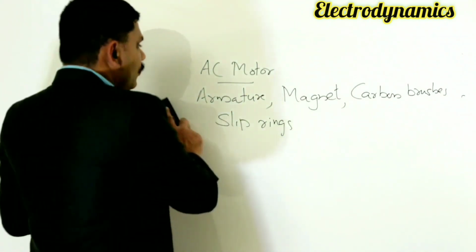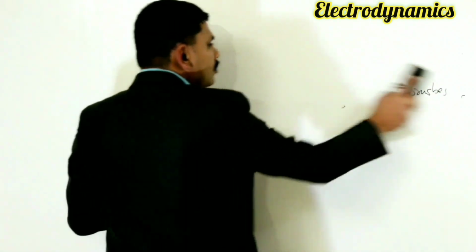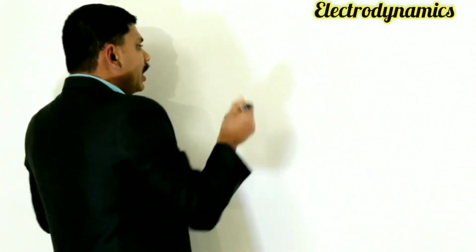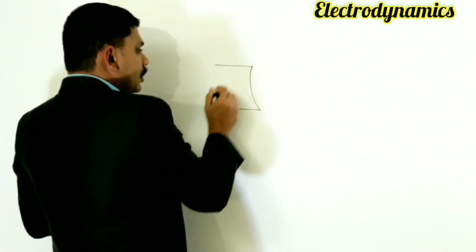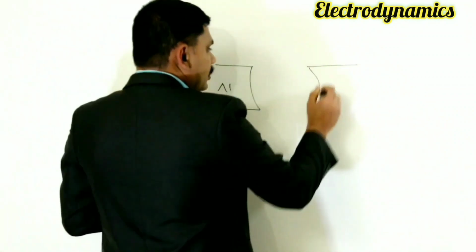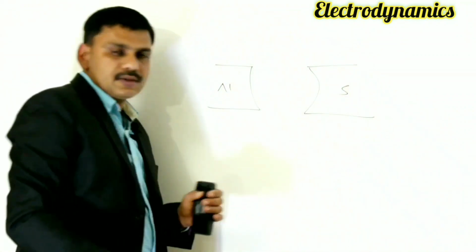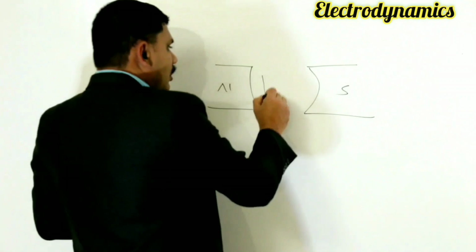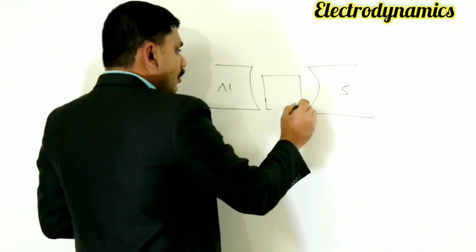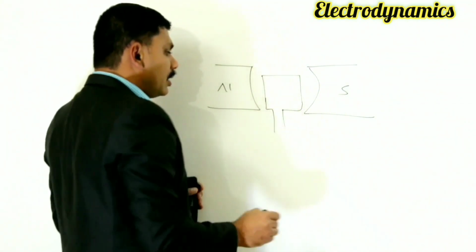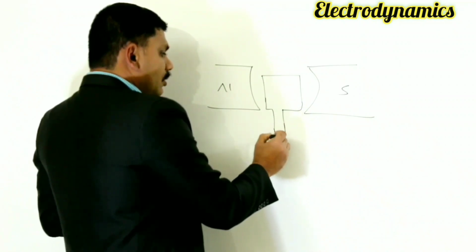In the case of AC motor and DC motor, there is a magnet, that is a north-south magnet. And there is a coil placed in the magnet.